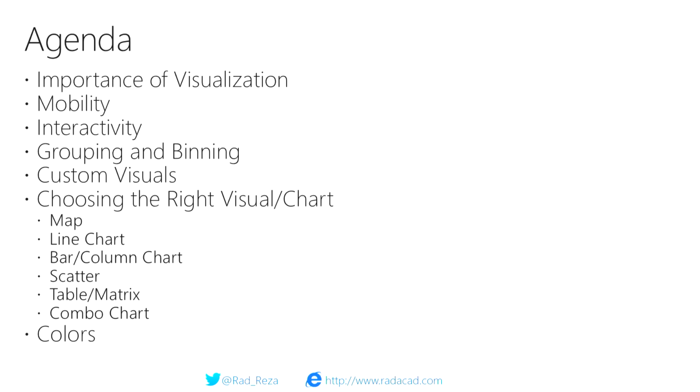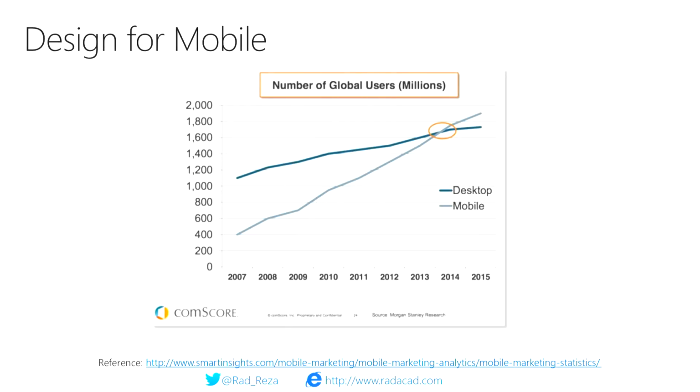I'll dig into some of these visuals, like different options for map visuals, line chart, scatter chart, column chart, what different types of column chart there are, and which one is better to use in which scenario. I'll talk about combo charts, a little bit about table and matrix, and then finally I'll talk about colors. So it's a lot to cover in this session, but we'll get there.